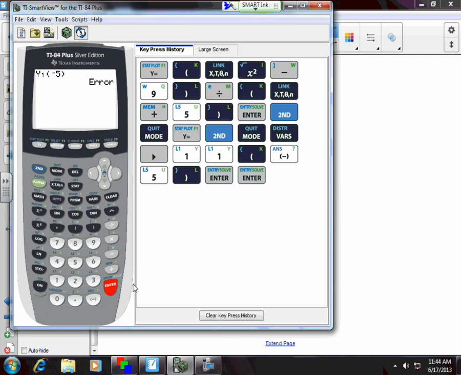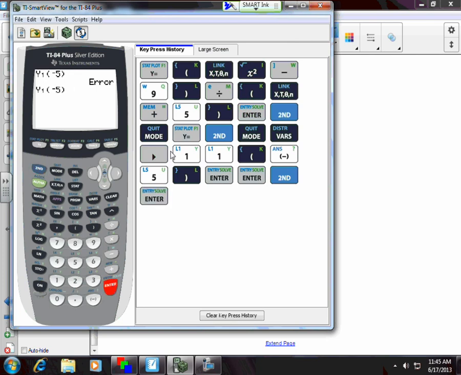Now suppose we wanted to find the value of this function y1 at 5. Now instead of going through the vars and the yvars again, don't forget we have some shortcuts. We can recall the last thing we typed in using entry. So let's use that. And remember, it's a raised key, so second entry.